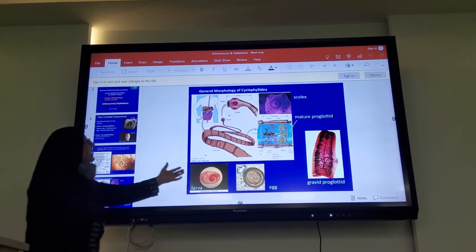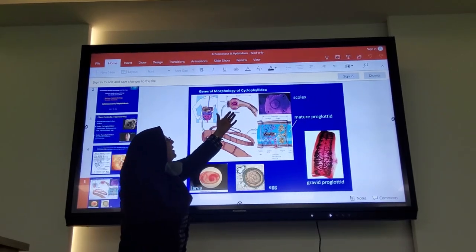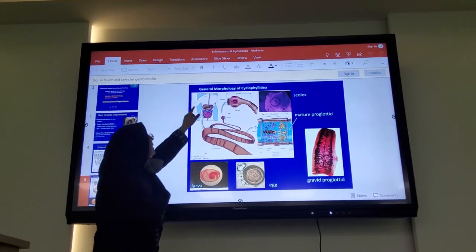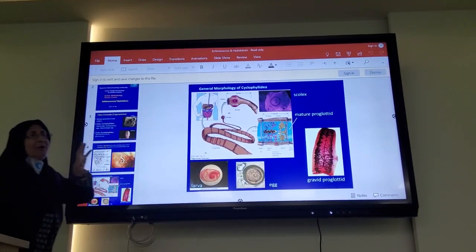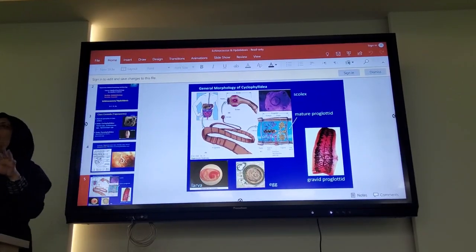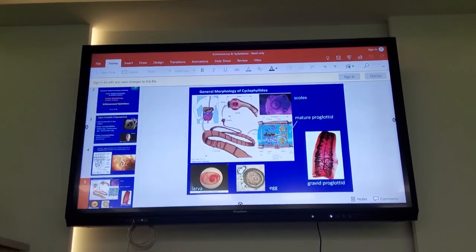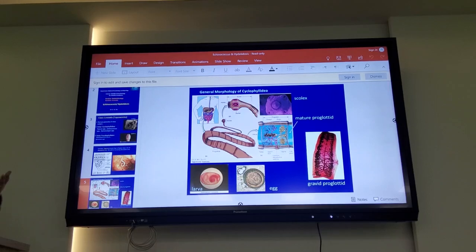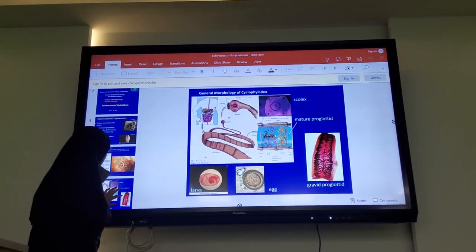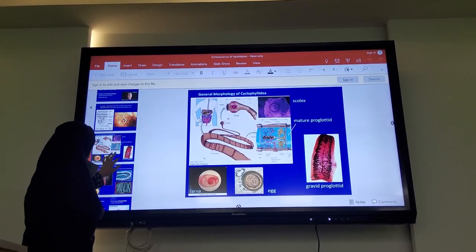When the larva is eaten by the definitive host, they live in the intestine. So remember, all the cestodes, either human cestodes or animal cestodes, at the adult stage are living in the intestine, but the larvae happen in different parts of the body.